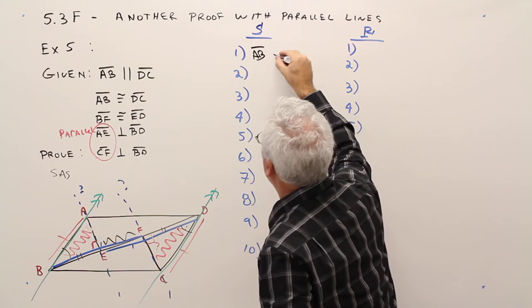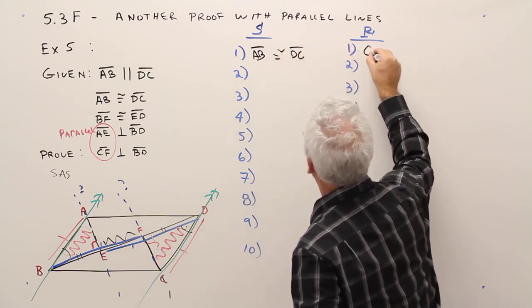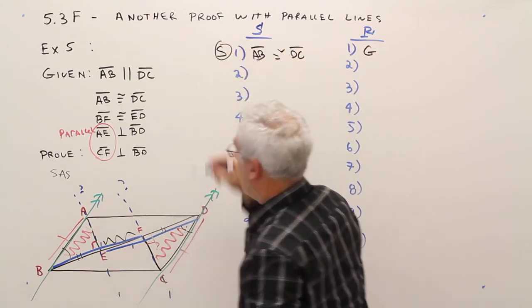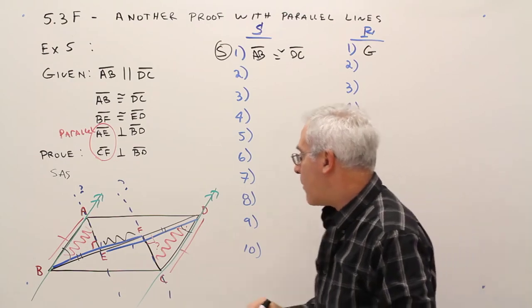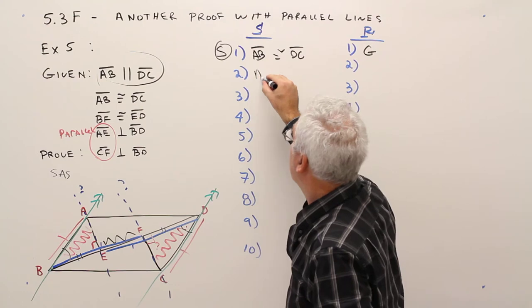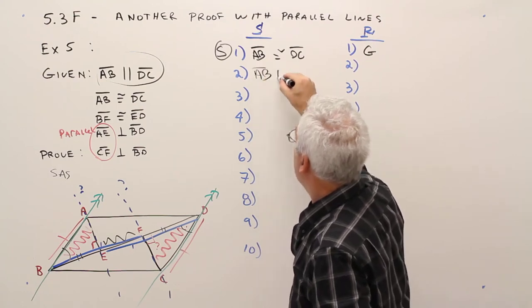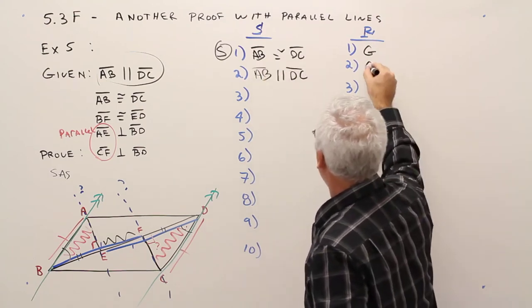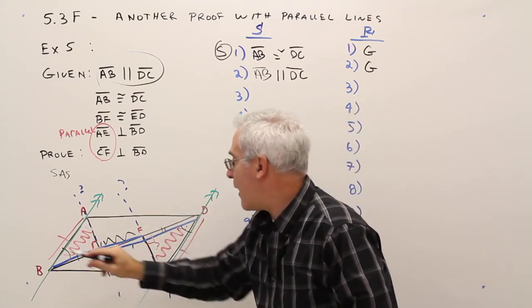AB is congruent to DC, given. That was my side. Now I'm going to go with my angle. My angle came from that parallel. AB is parallel to DC, that was given, and from that I got that angle.